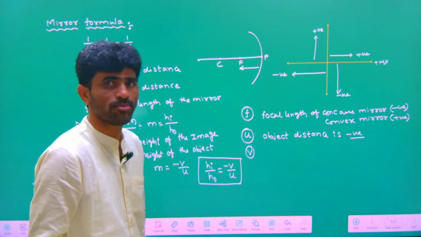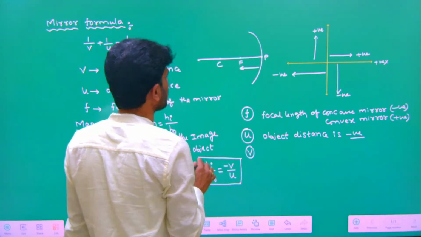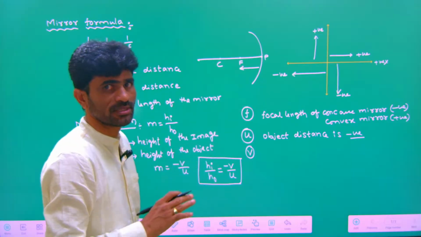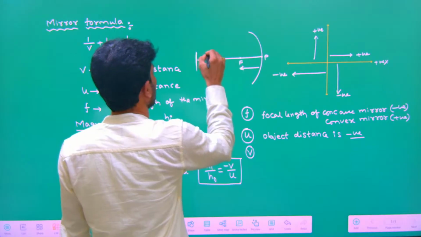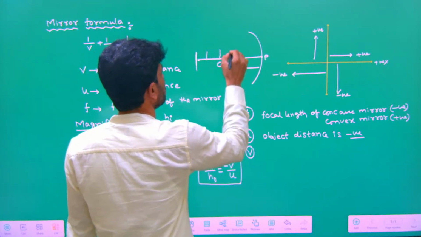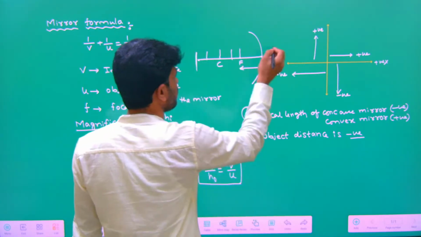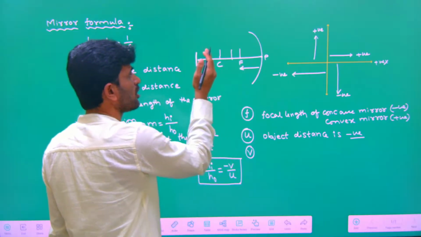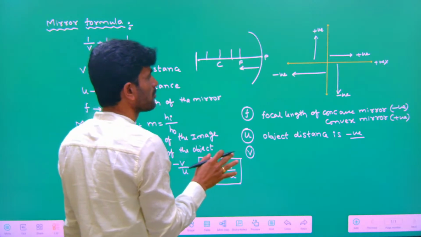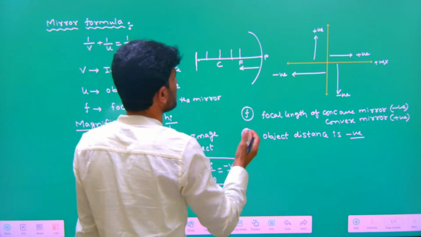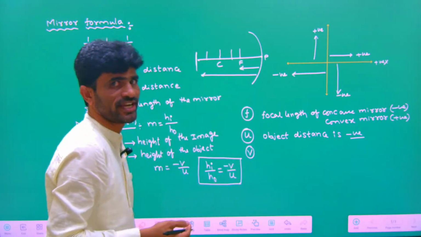Image distance depends on the position of the image, where it is coming. In a concave mirror, if you remember the table of object position and image position, when you keep the object at infinity, beyond C, at C, between C and F, or at F, in all these cases the image forms on the same side as the object, that is the left side only.